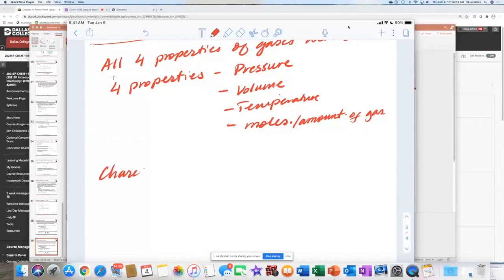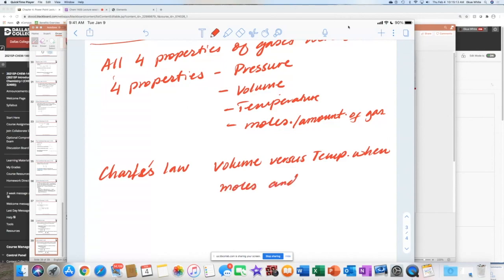Charles' law studies volume versus temperature when moles and pressure are constant.